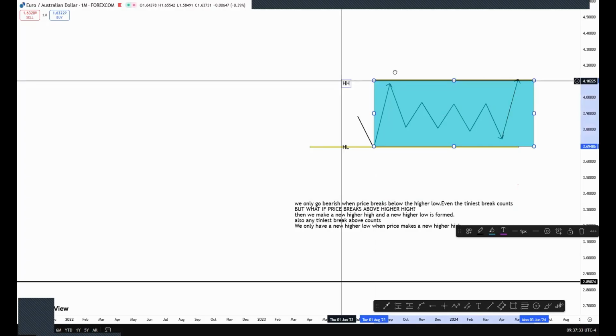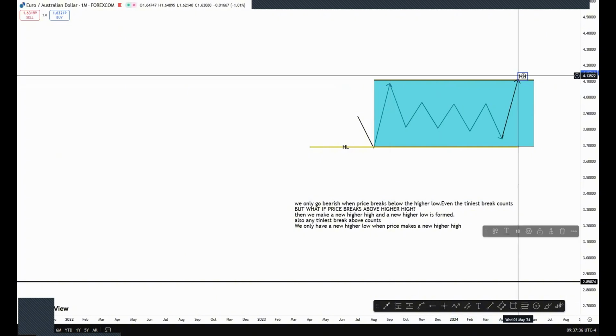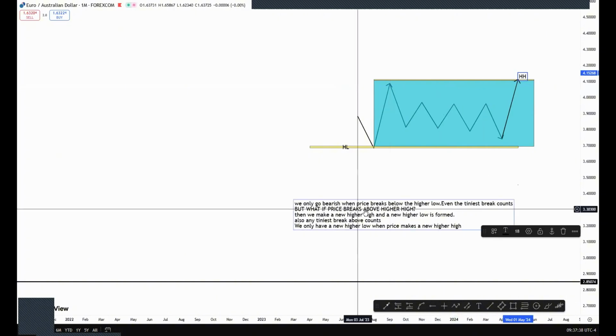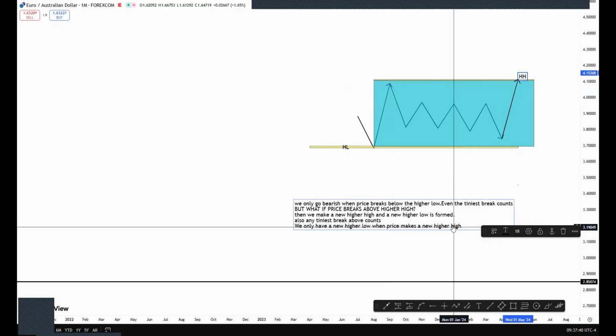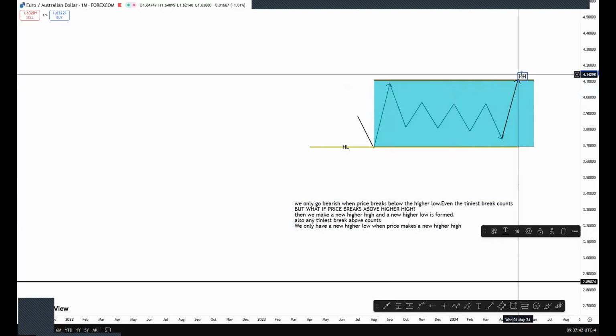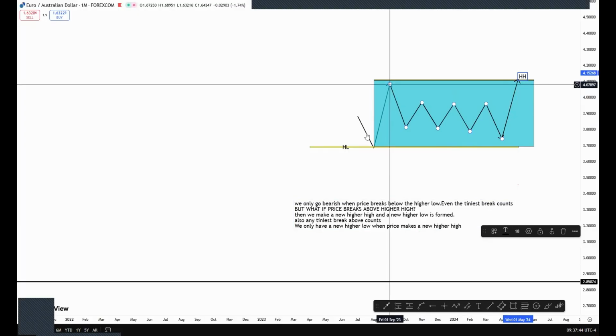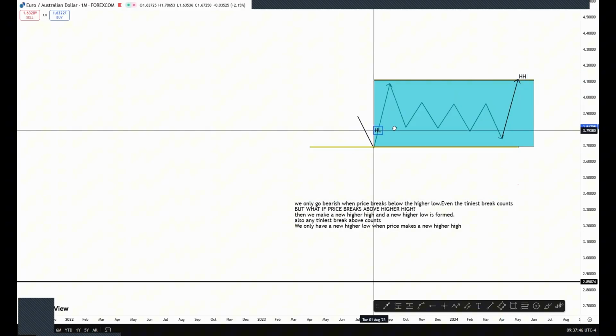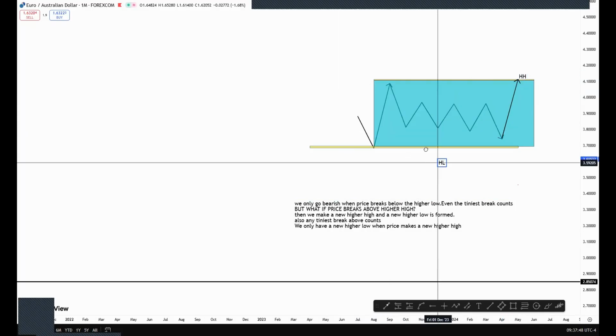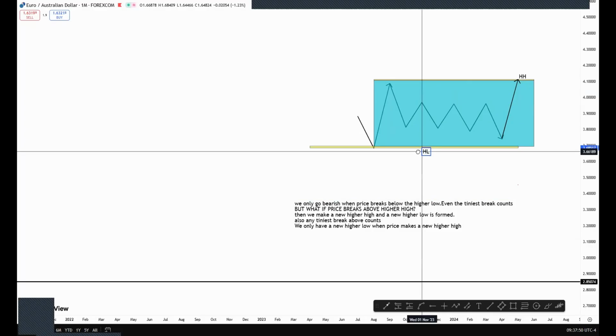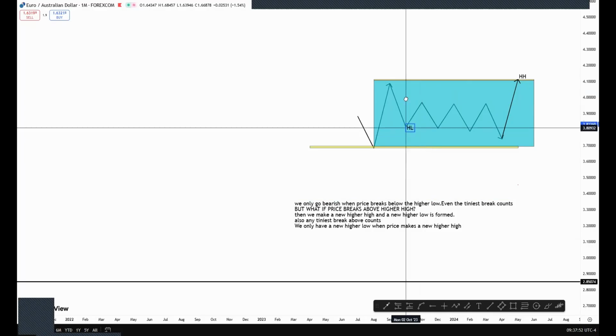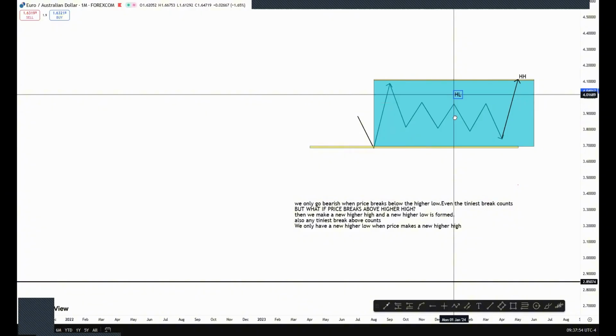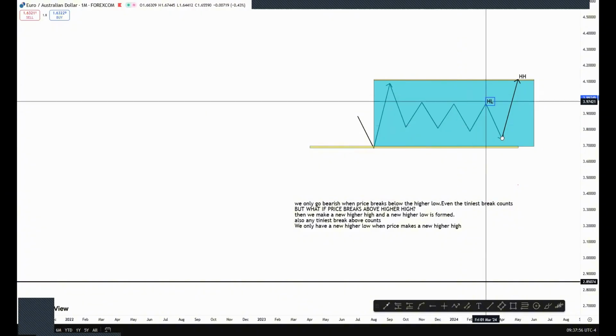Price has pushed up a bit further right there. Then we're saying we only have a new higher low when price makes a new higher high. So we have a new higher high compared to this one. So this higher low has to be updated. But the question is where? Is it at this point, at that point, or at that point?